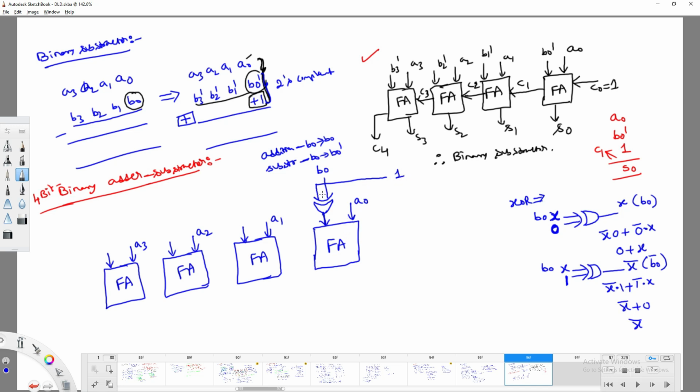B naught with 1, you are going to get B naught bar. So are we satisfying B naught bar or not?